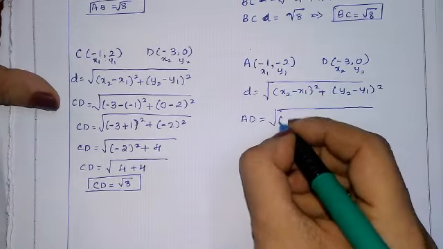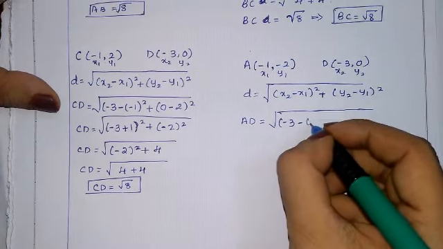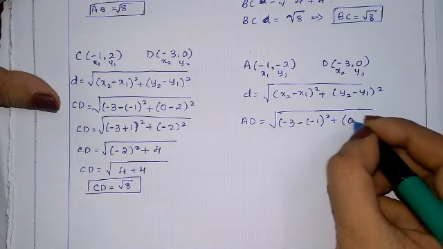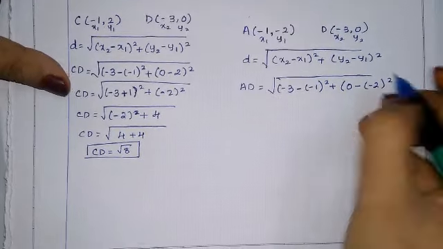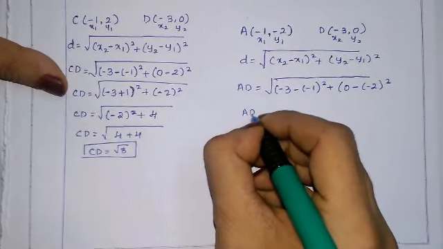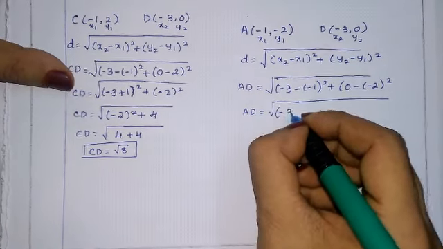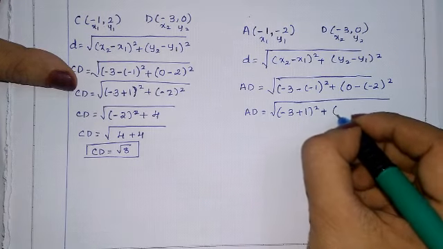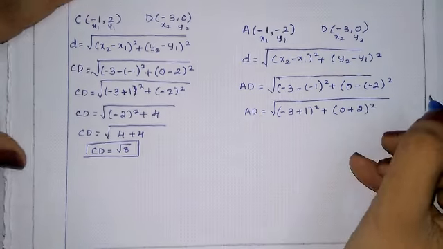AD is equal to root of (-3 minus (-1)) whole square plus (0 minus (-2)) whole square, which is (-2) whole square plus 2 whole square.